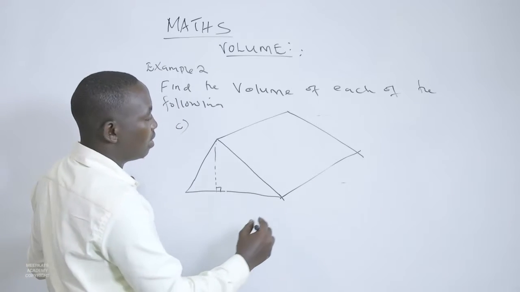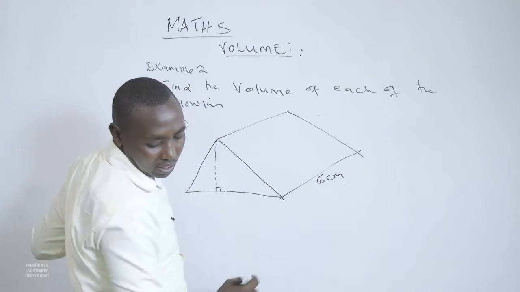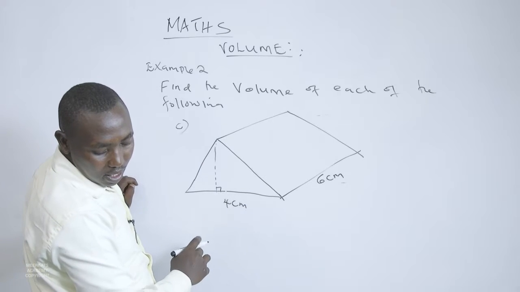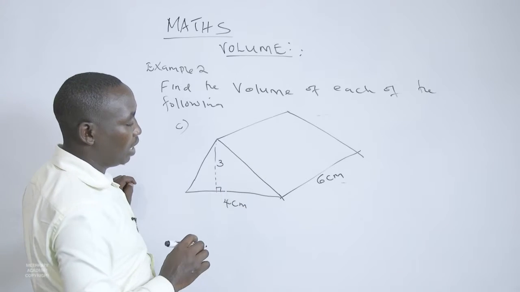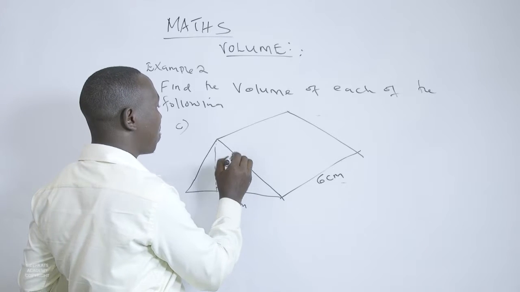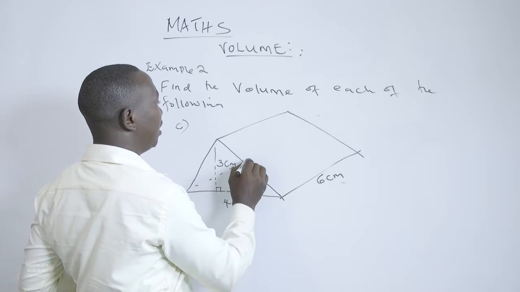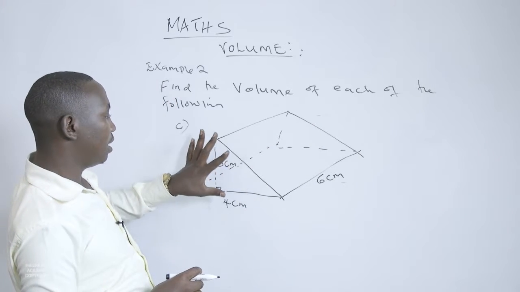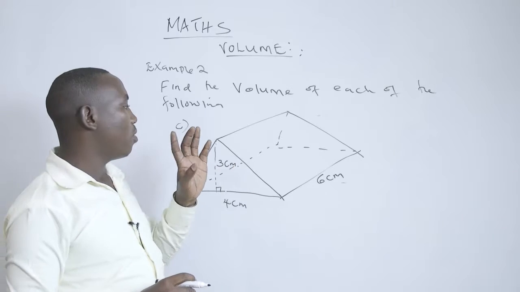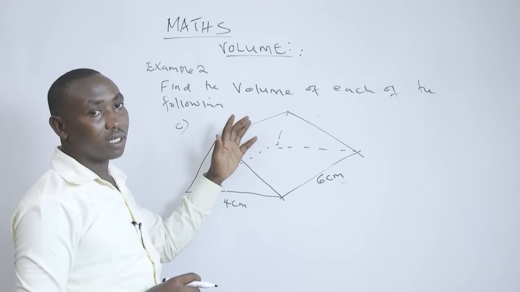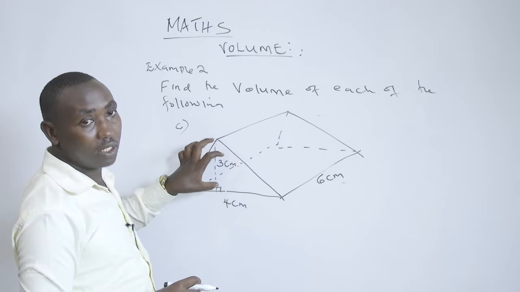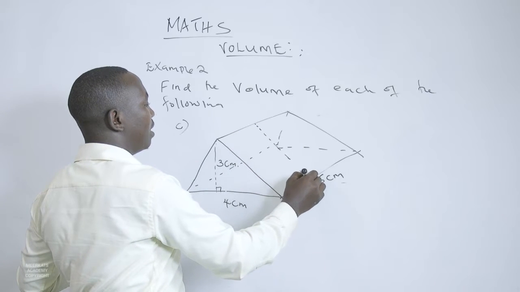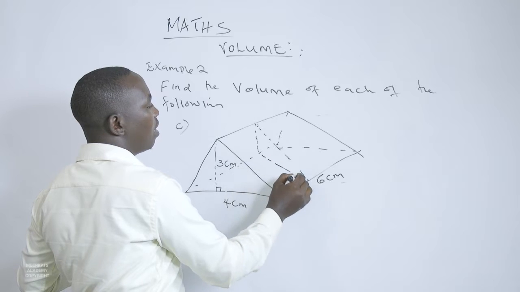We are told that this side is 6 centimeters, the whole of this is 4 centimeters, and the height here is 3 centimeters. If you observe this figure keenly, you will discover that there is one surface. If we were to cut along, it will be equivalent to this particular section, and this is no other than this particular part.